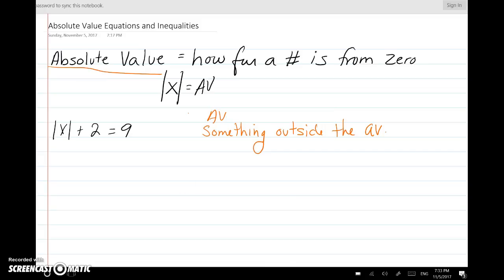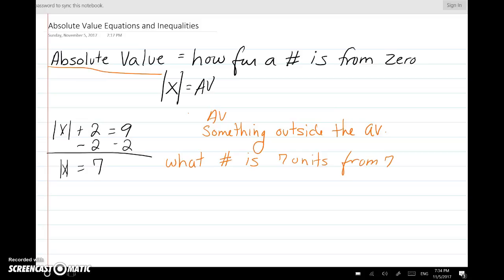Let's solve this like we would any other problem. We want to get x by itself. We subtract 2 from both sides, and we get the absolute value of x equals 7. Now, this wants to know what number is 7 units from 0.